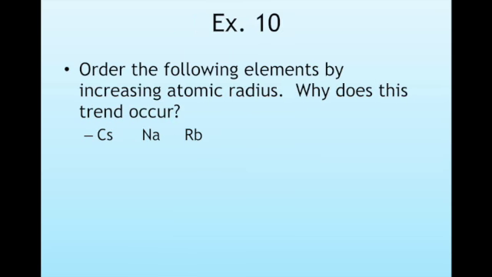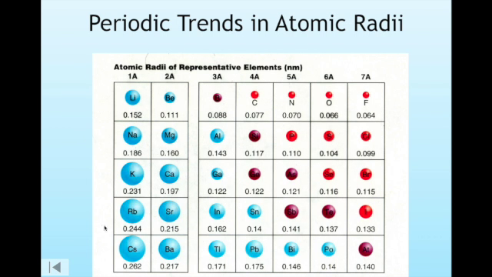Okay, so which one is going to be where? You could take a look at your Table S to figure that out, or you could take a look at the trend that we were talking about before. So we have cesium, sodium, and rubidium. They want to know how they get bigger, so order them from small to big.